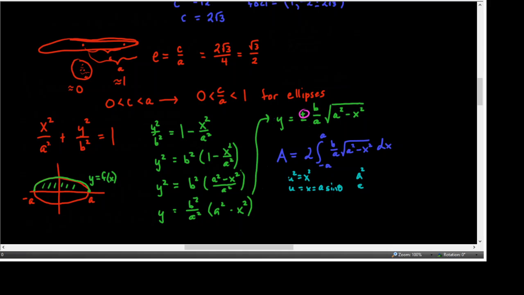A sine of theta. Okay, so that makes this formula become 2 b over a, I pulled the b over a out in front, integral of the square root of a squared minus a sine of theta, which is what x is, quantity squared, so that'll be a squared sine squared theta.